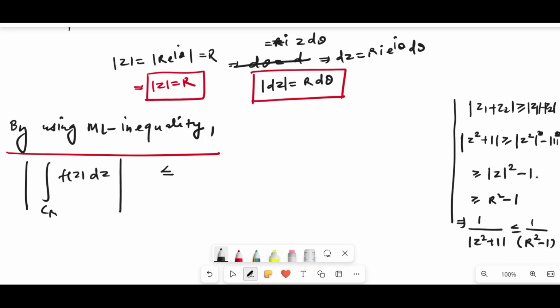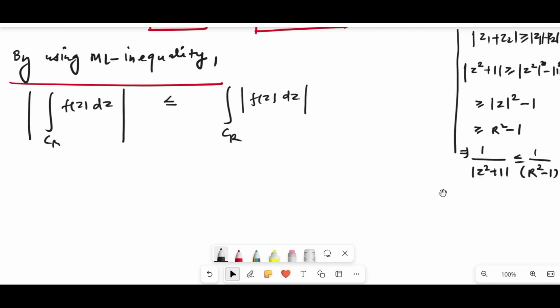This will be equal to the line integral over the curve C of R of mod of f of z dz, and this is less than or equal to the integral over the curve C of R of mod of f of z times mod of dz.